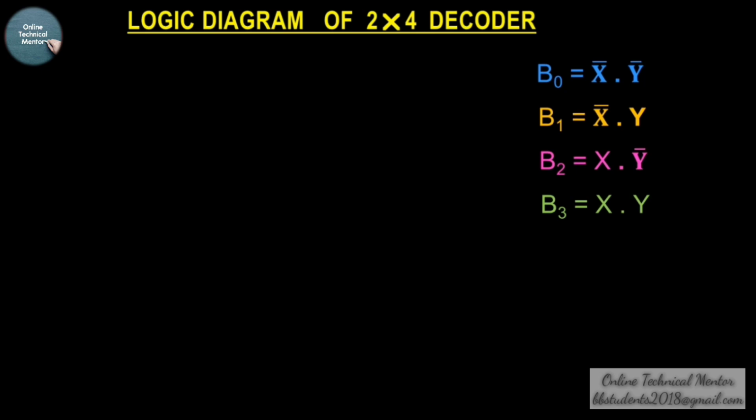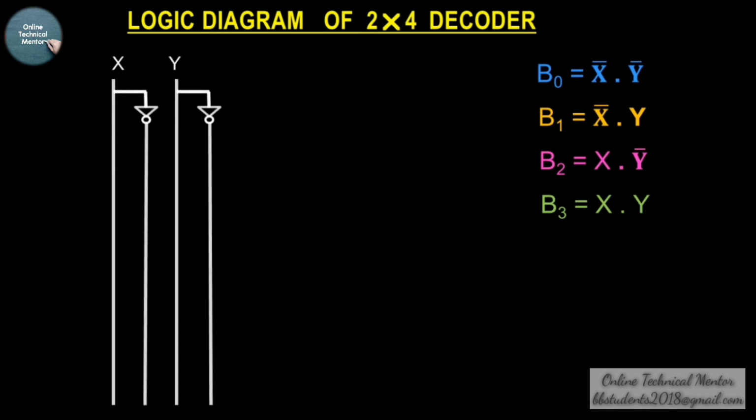So first of all, you have to draw all the input lines first. So the input lines may be X, Y, X bar and Y bar, all possible combinations of X and Y. So just draw like this: X, and since I have attached a NOT gate, this will be treated as the X bar line since it is connected to X. So this is the line for X, this is the line for X bar.